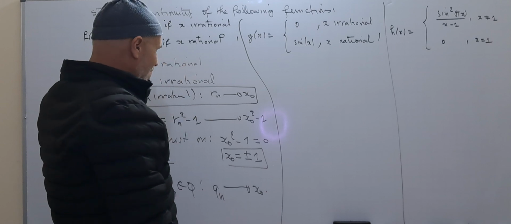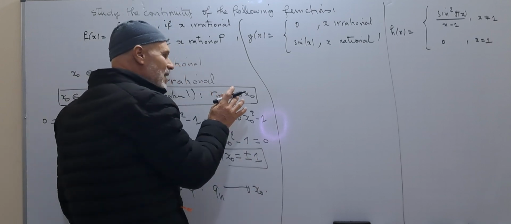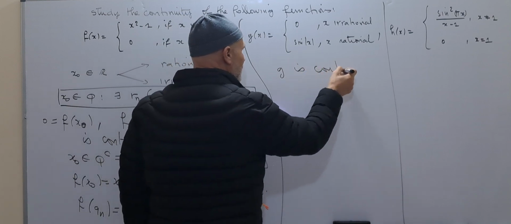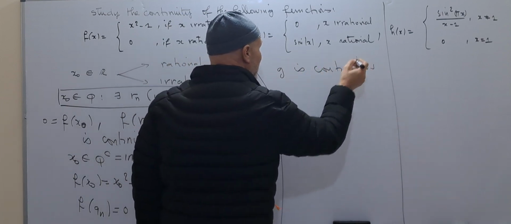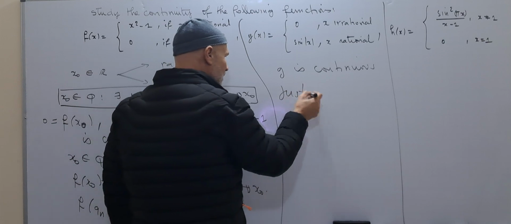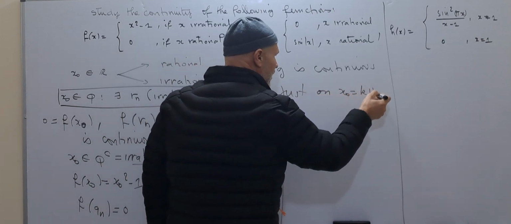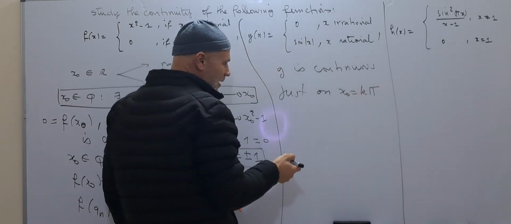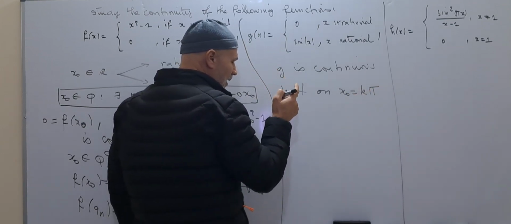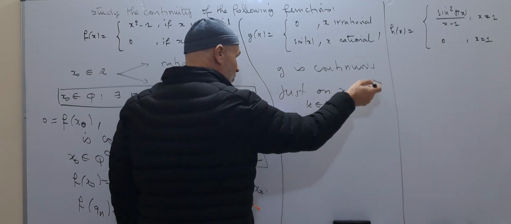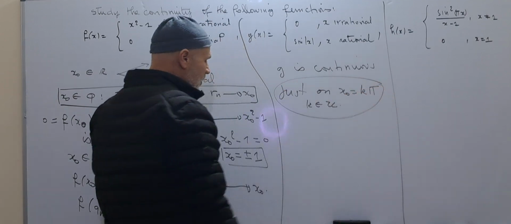The same technique will give us that g is continuous just on the x0 which are k pi, k in Z. It is just continuous at these points.